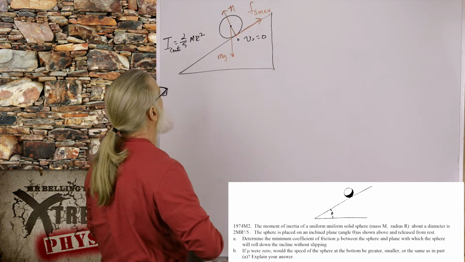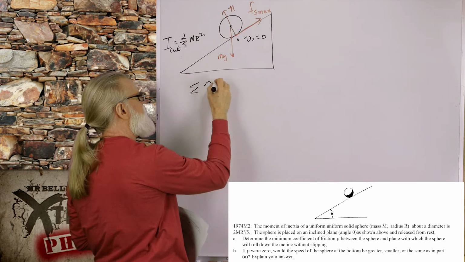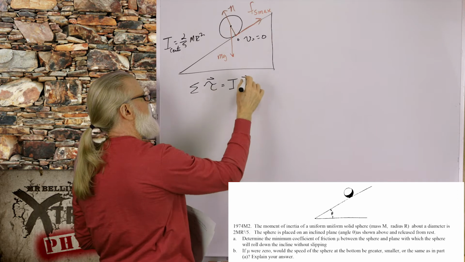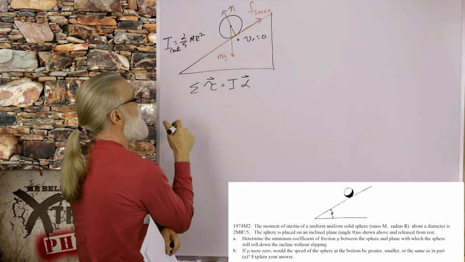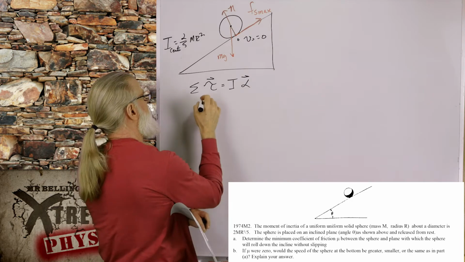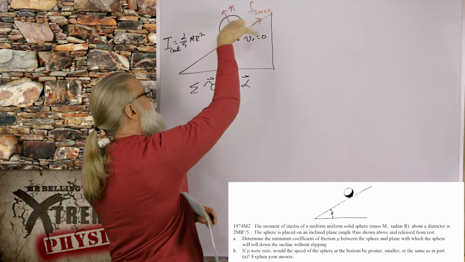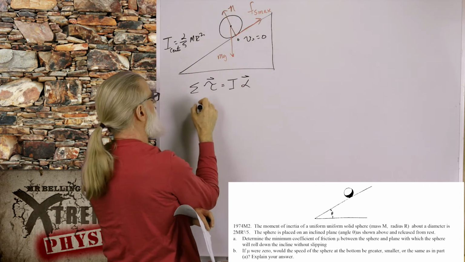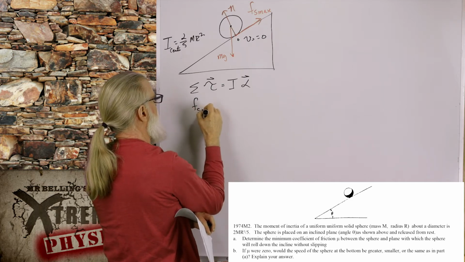All right, so let's see what we got. The sum of the torques equals I alpha. We only have one torque, the torque due to friction, and that is going to be positive. It's going to tend to cause an angular acceleration in this direction. So we're going to go F static max.